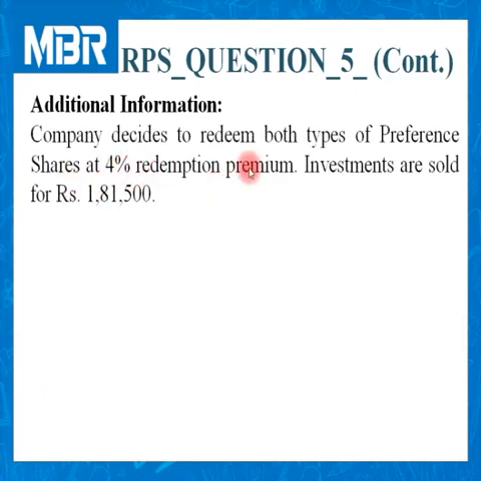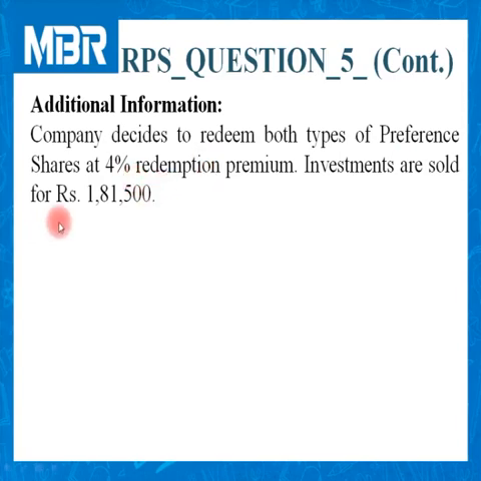As per the information available on the screen, we need to redeem both types of preference shares at 4% redemption premium. It means we need to redeem both first and second types of preference shares simultaneously.